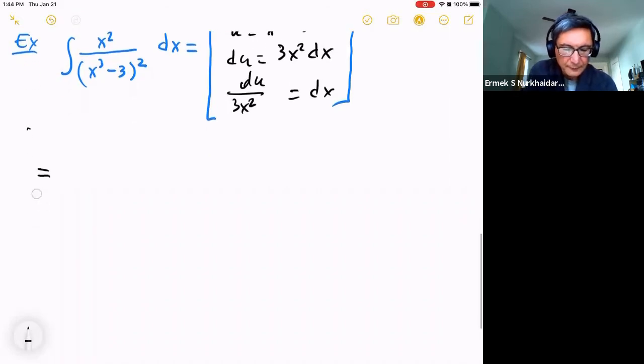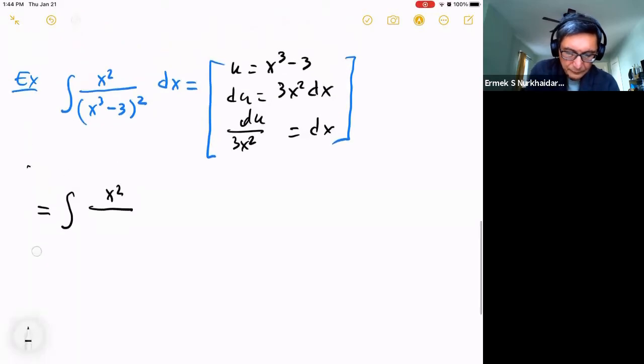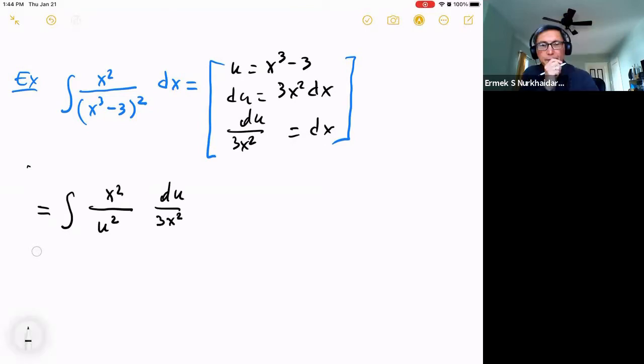So we're going to get the integral of x squared over u squared, and instead of dx, I'm going to write du over 3x squared. So that's the substitution I'm trying.